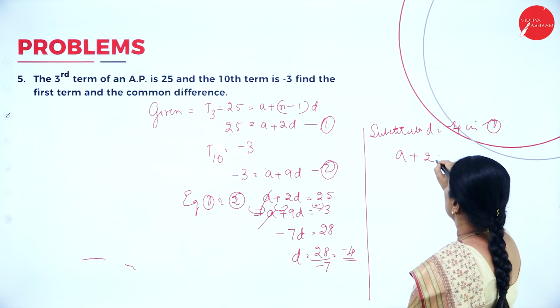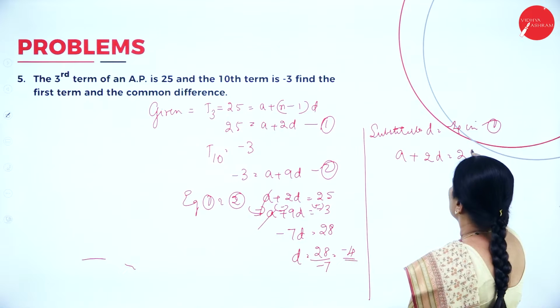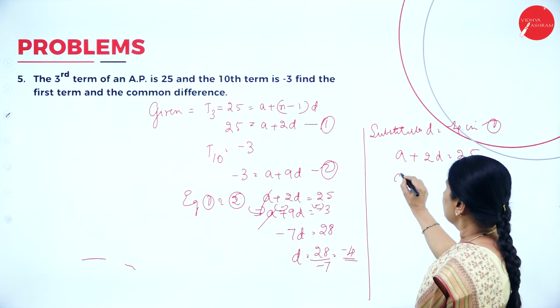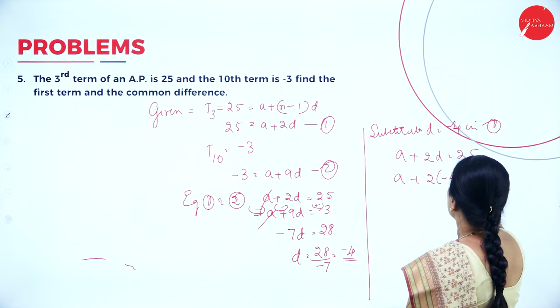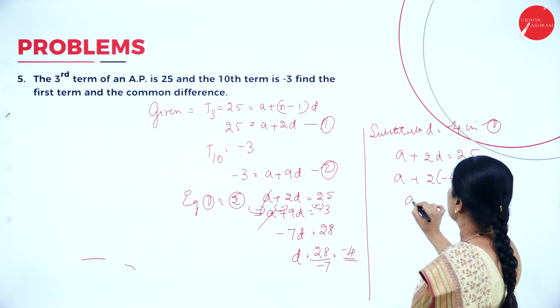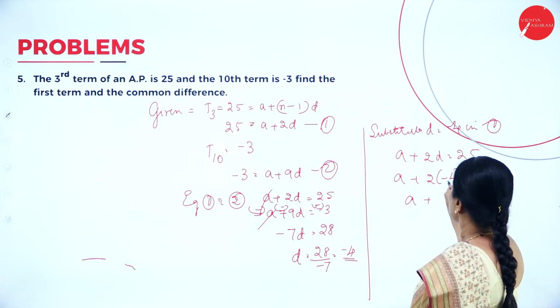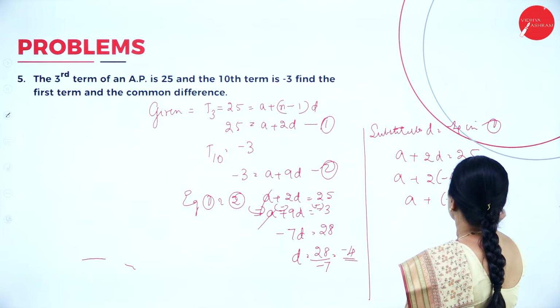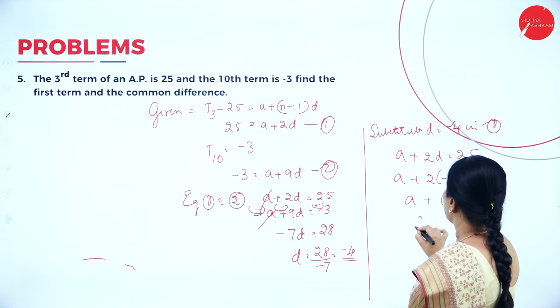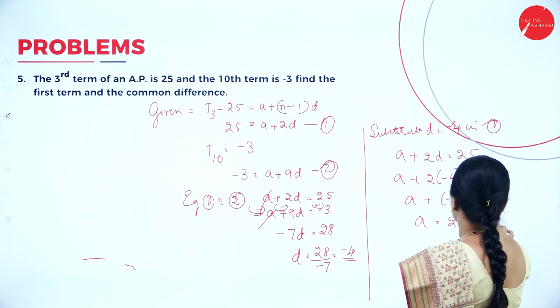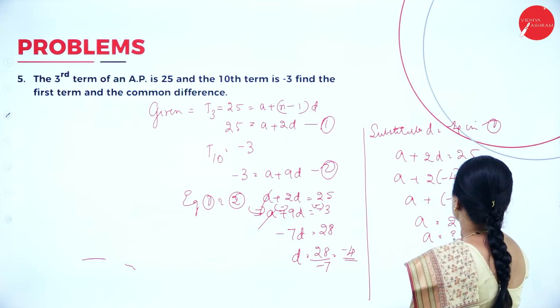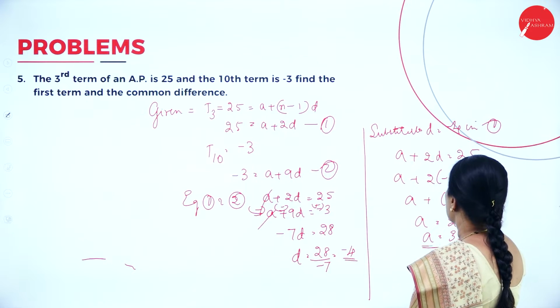A plus 2D equals 25. A plus 2 into minus 4 equals 25. So A plus 2 into minus 4 is minus 8 equals 25. A equals 25 plus 8. A equals 33 is the answer.